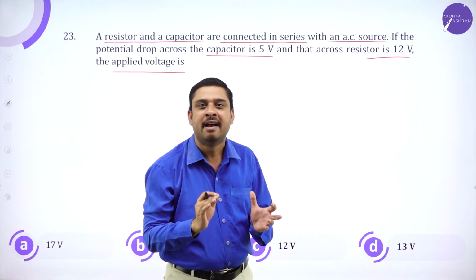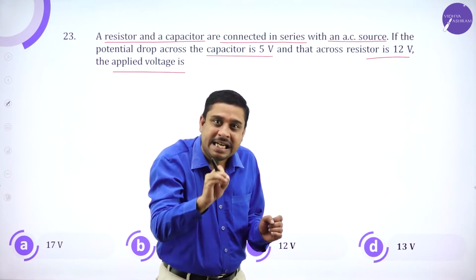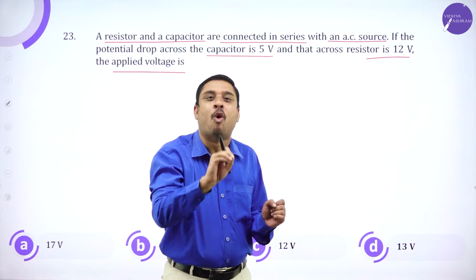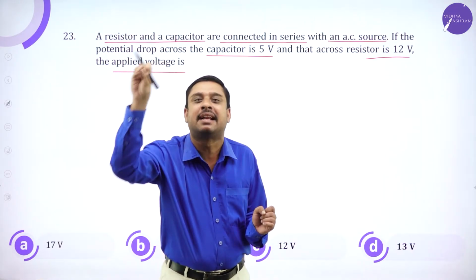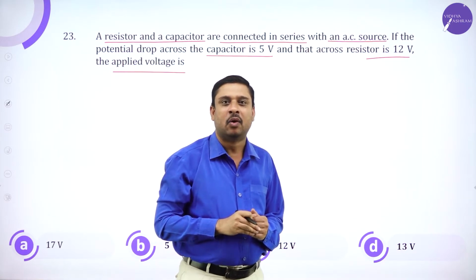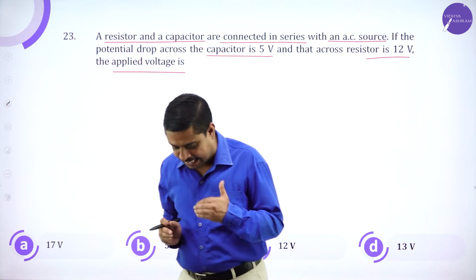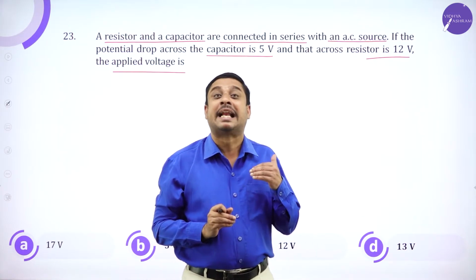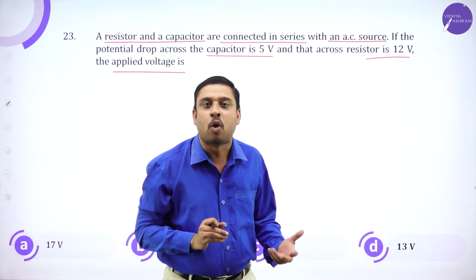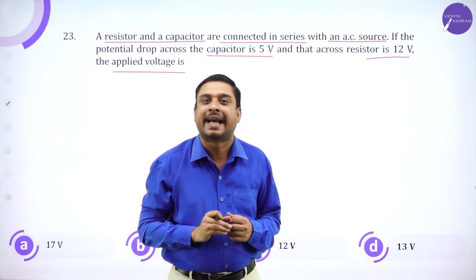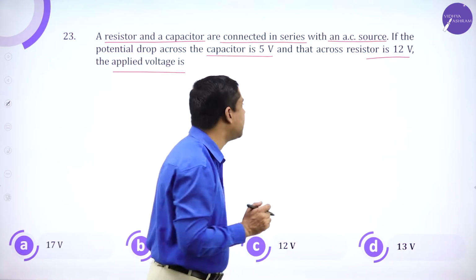Students, here applied voltage is the resultant of the voltage across the capacitor and resistor. So when you say applied voltage, it is nothing but the resultant voltage of potential across the capacitor and potential across the resistor.